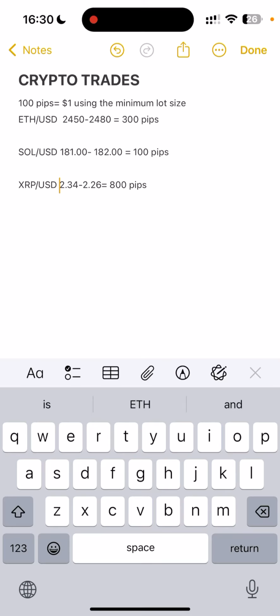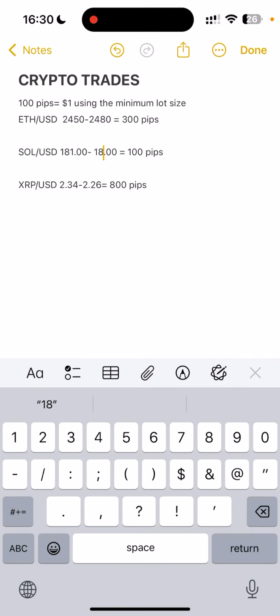That's 100 pips. 181.00 to 183.00, that is 200 pips difference. If you go all the way to 190, the difference between 181.00 and 190.00 is 900 pips. So I think Solana is the easiest to understand.